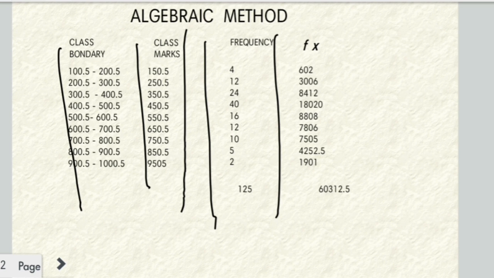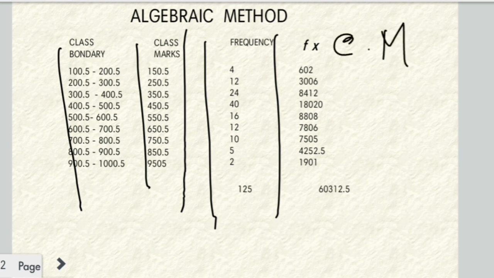Now the steps of calculation. At first, we calculate class marks. What is class marks? Class marks is the mid value of class boundary. How to calculate it?